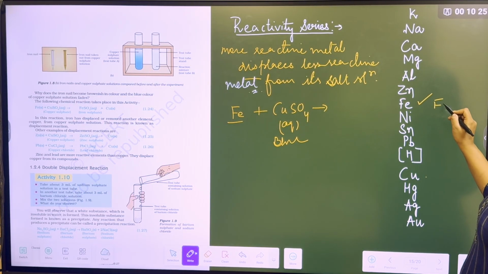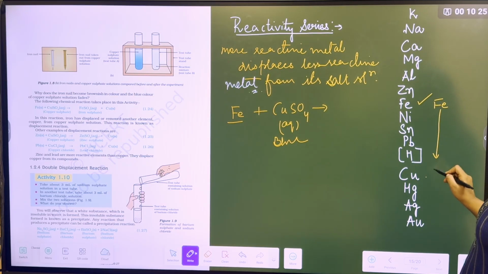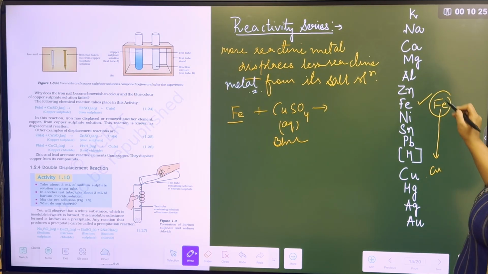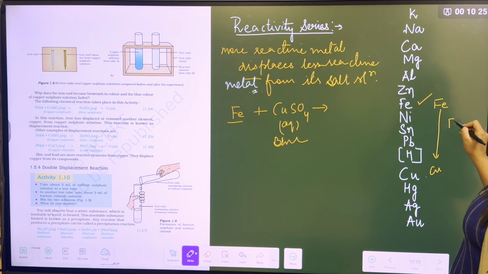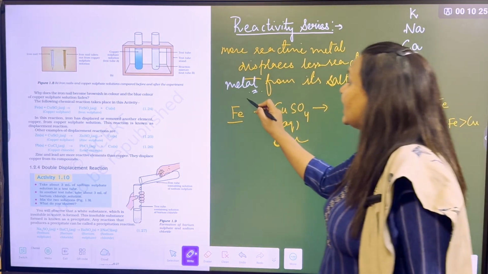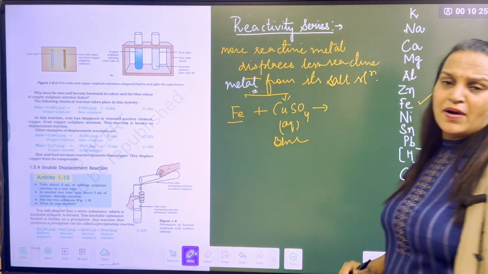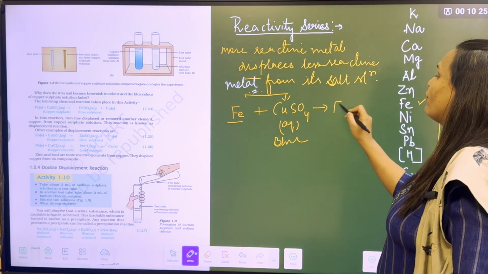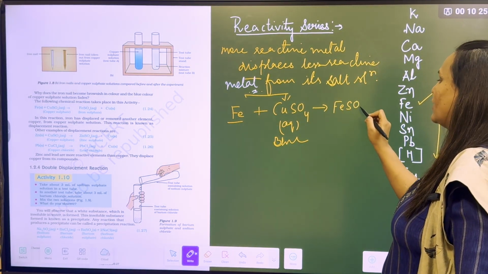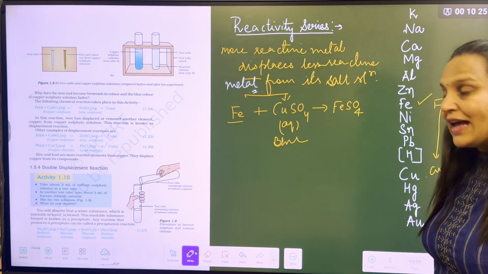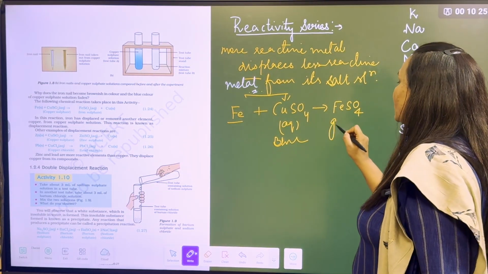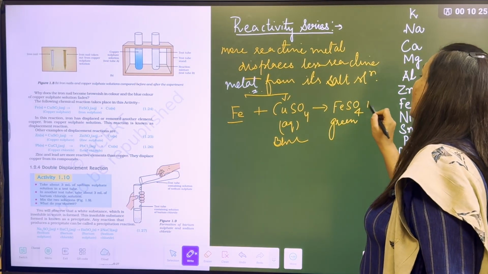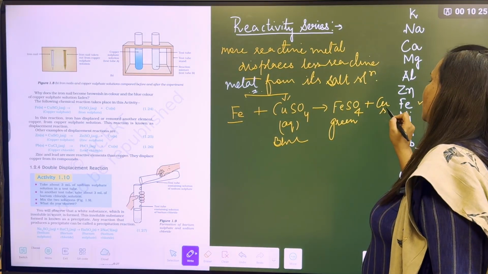The metal which is above the other metal is more reactive. So iron is more reactive than copper. So it will displace the copper. It will push the copper out and form the compound with sulfate, which is called ferrous sulfate. The solution will turn green in color and copper will be out.